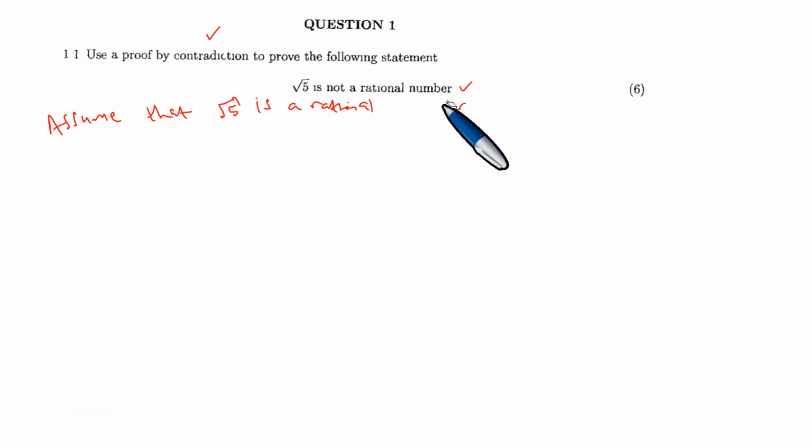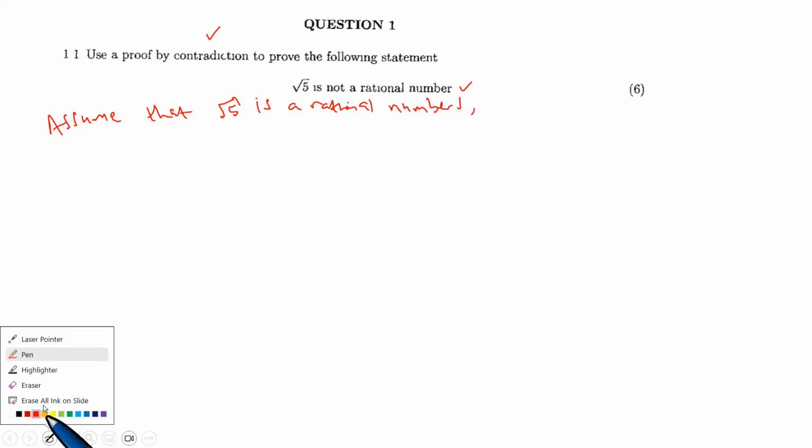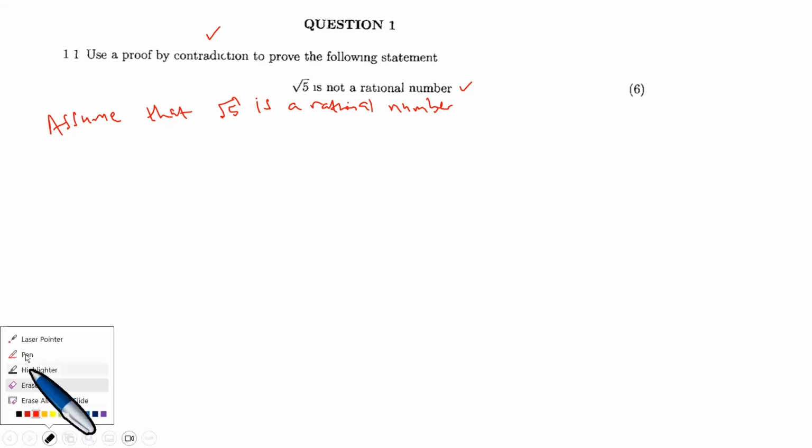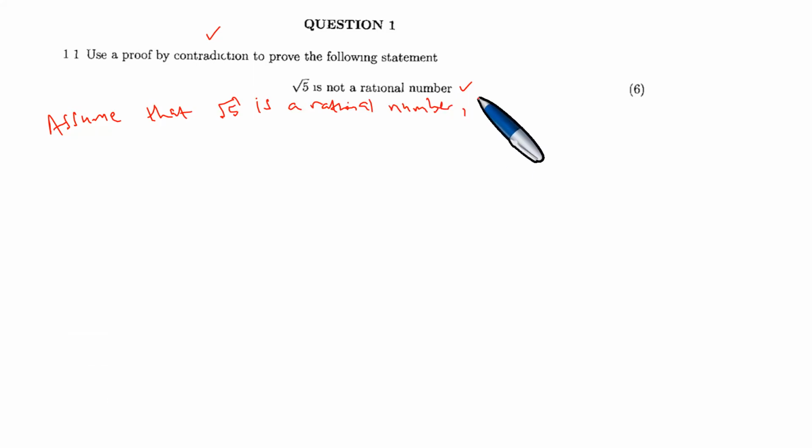Okay, if the square root of 5 is a rational number, so that is, square root of 5 equals a over b, b not 0.